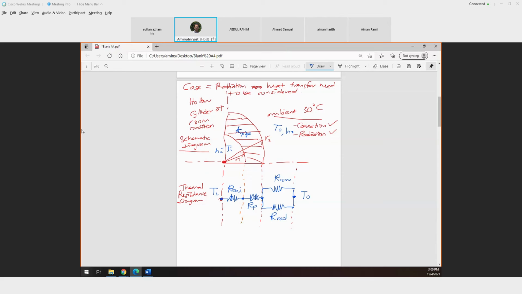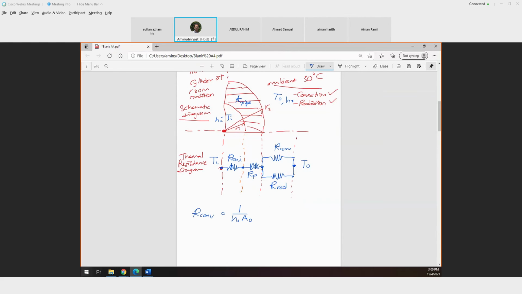So what is the R convection? Same thing, R convection equals 1 over H naught divided by A outside. And what is the R radiation? Equals 1 over HR, the heat transfer coefficient by radiation, times A naught.